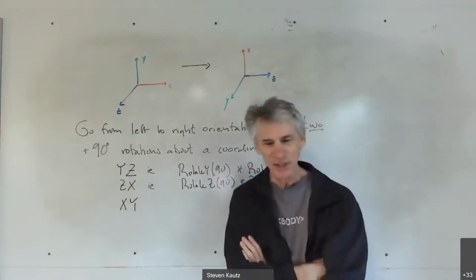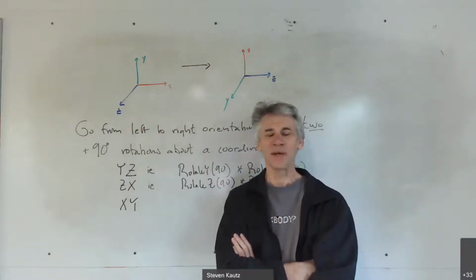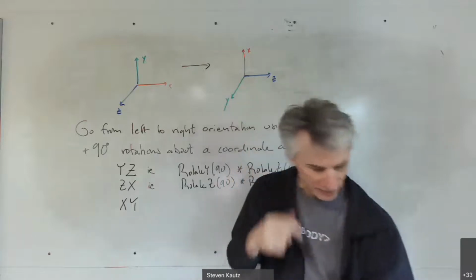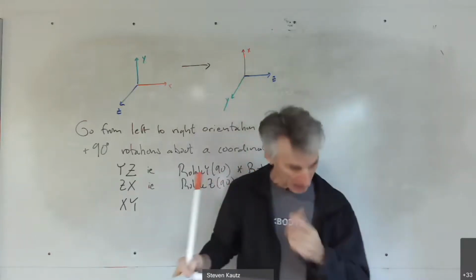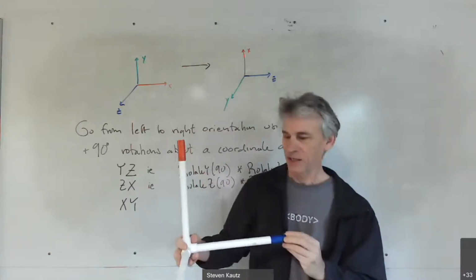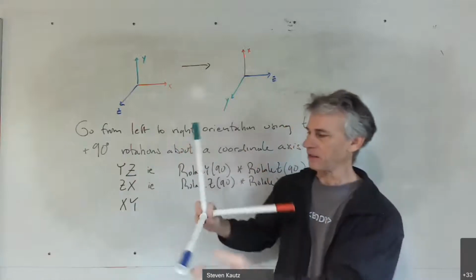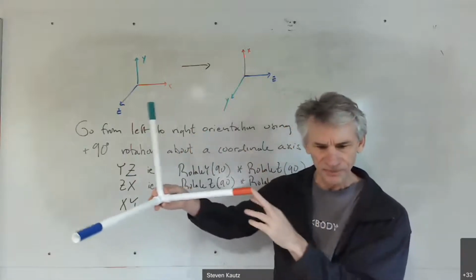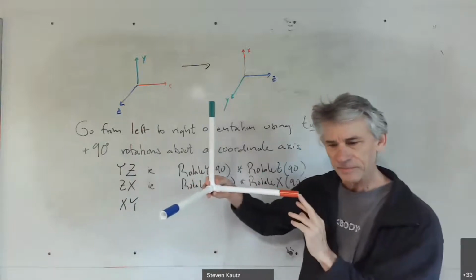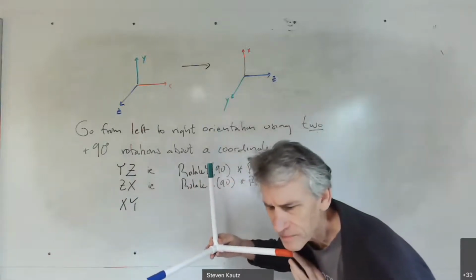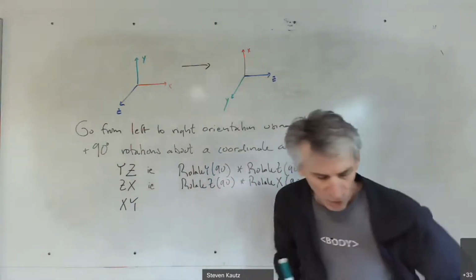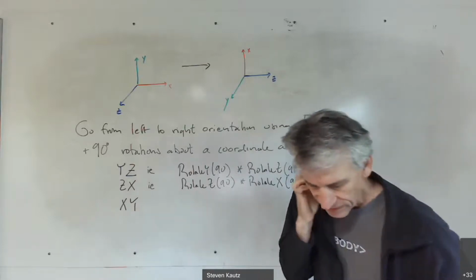Yeah, so let's do something that's more interesting and maybe a little harder to picture. And that would be, suppose I take standard orientation of the axes. Oh, yeah, that's a good question.